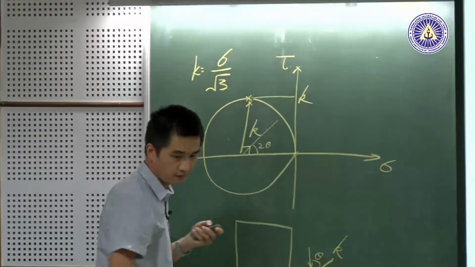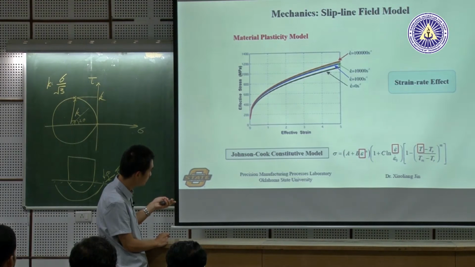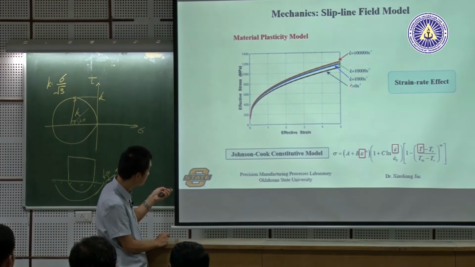This is still based on classic solid mechanics. Anyway, now this sigma or k is a function of epsilon, which is the strain, and strain rate here. Based on different strain rates, the stress can be different, right? Also temperature, right?